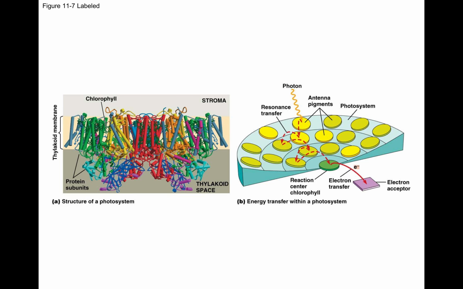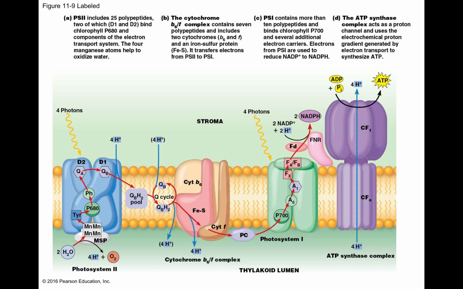We talked about photosynthesis and how there are different types of light harvesting pigments. In photosynthesis, there's antenna pigments that pass their energy onto reaction center chlorophylls, and the reaction center chlorophylls actually kick out an electron to an electron chain.